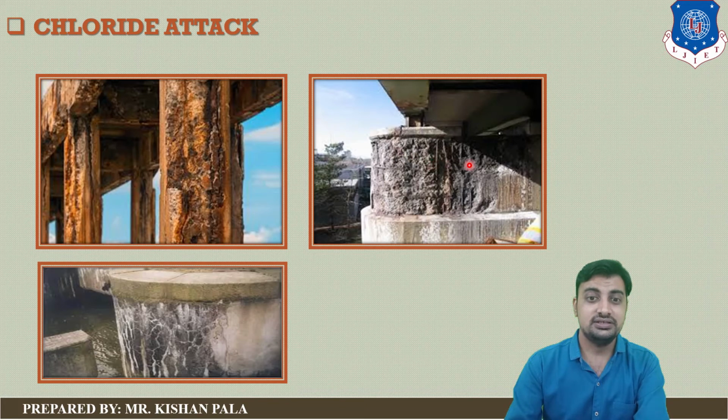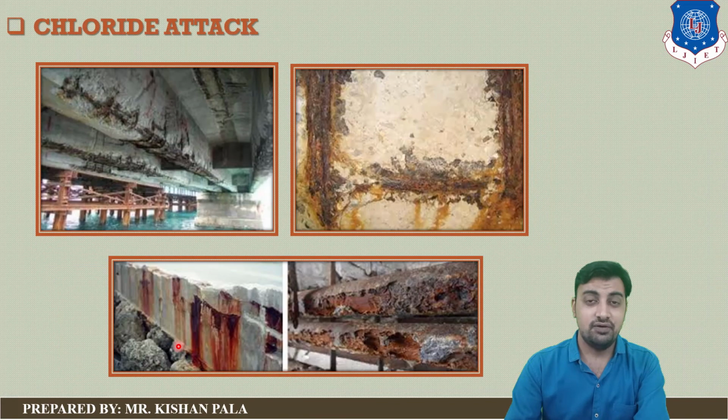And here you can see this structure affected by the chloride attack, and here the reinforcement corrosion is caused by the chloride attack. Let us see other photos regarding the chloride attack. Here this bridge is affected by the chloride attack, and this RCC element has been damaged by the chloride attack.